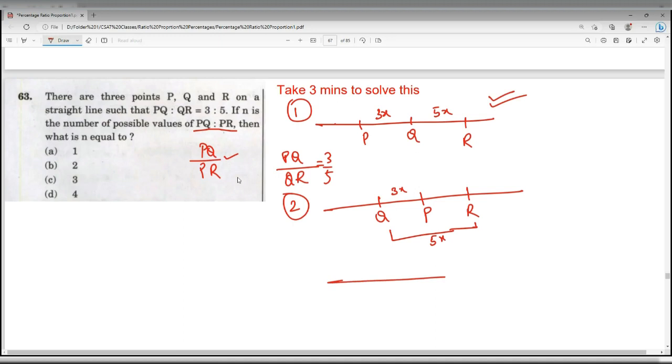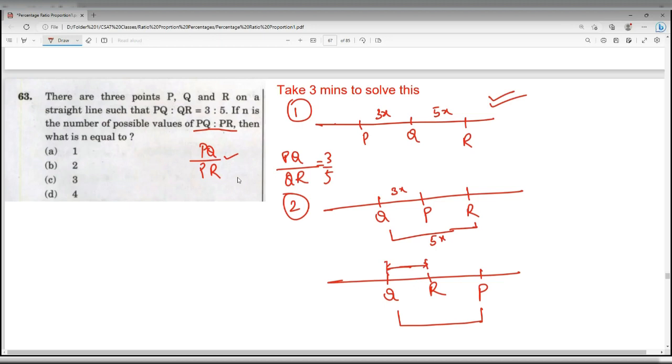Now let's see the third possibility. We have Q, we have R in the middle, and we have P. Now let's see whether it is possible or not. PQ by QR: PQ is greater here, QR is smaller.